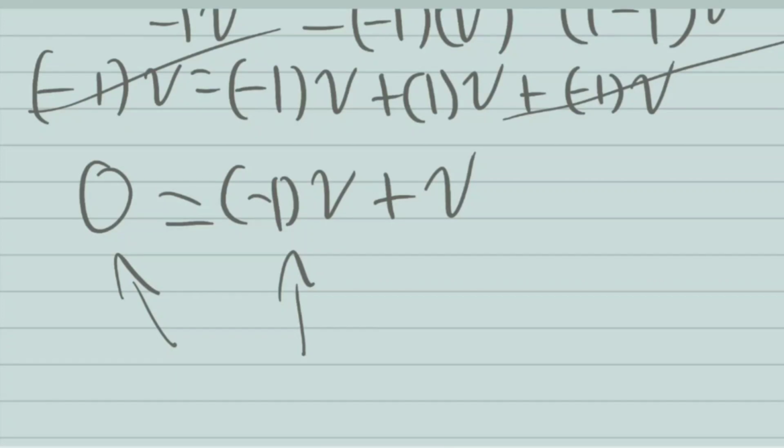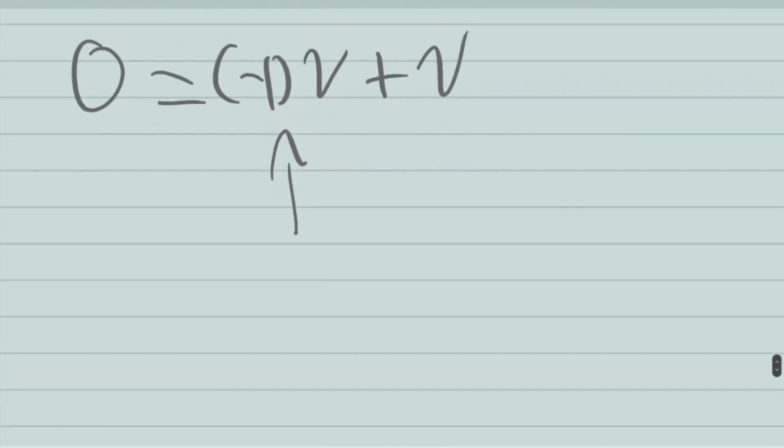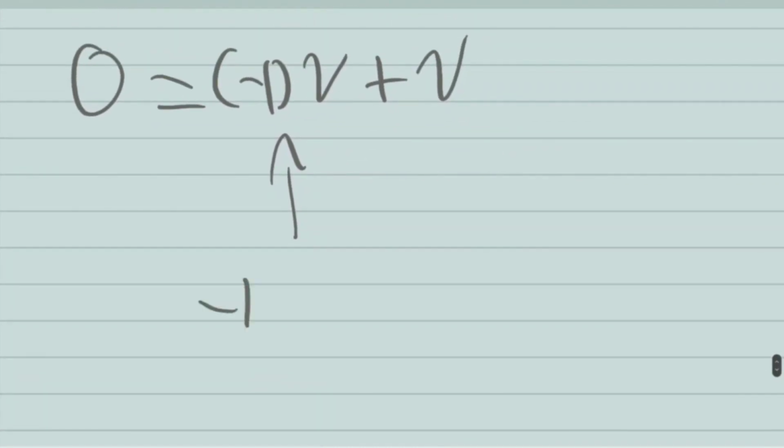So that is definitionally what an inverse is, and it's also the only inverse because we proved that before. And so negative 1 times v is equal to our inverse. And that's the last proposition.